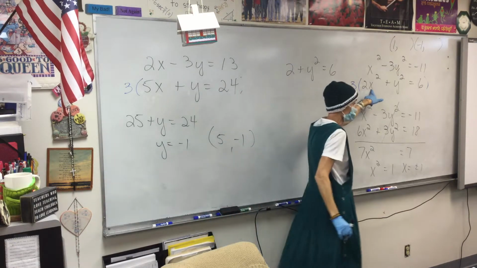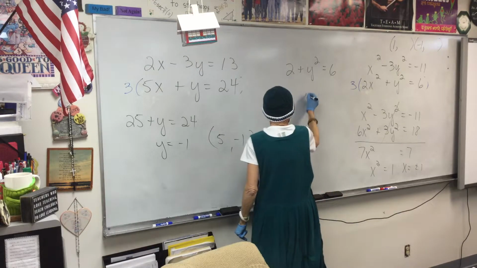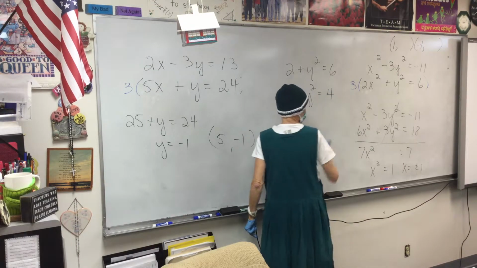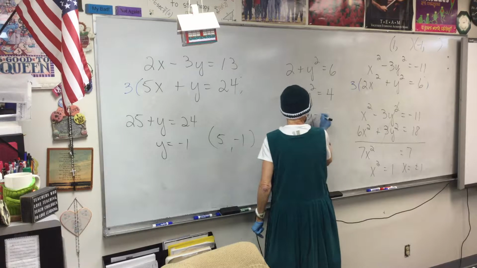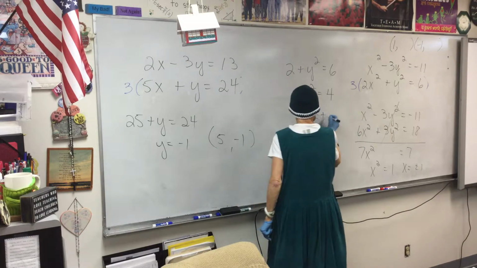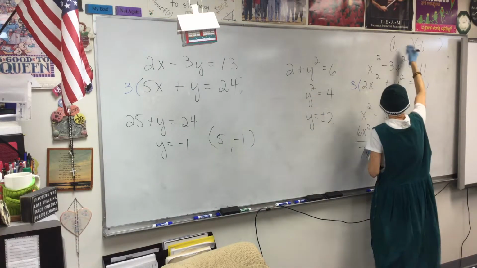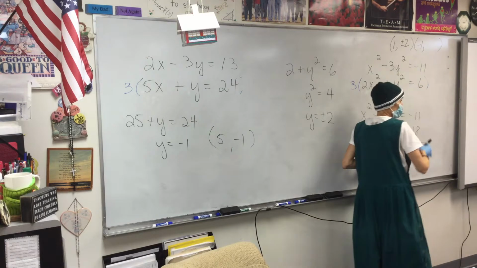I put in 1. 1 squared is 1. So y squared equals 4. Y equals plus or minus 2. So when I put in 1, I got plus or minus 2.